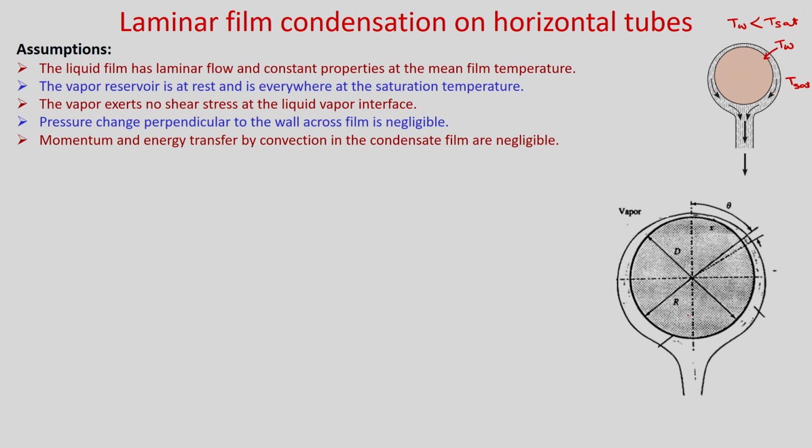In this case theta is measured from here, and x is measured along the surface, so at any point it is the tangential direction, and perpendicular to the surface we measure y. At an angle theta we take one elemental volume, d theta.